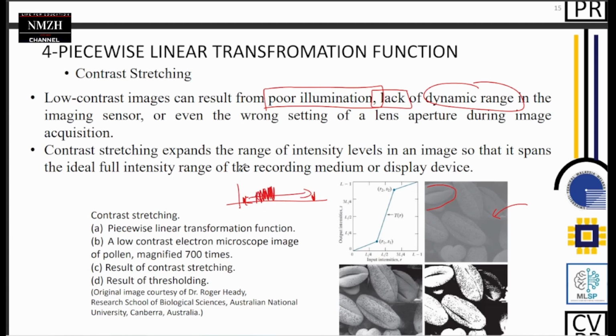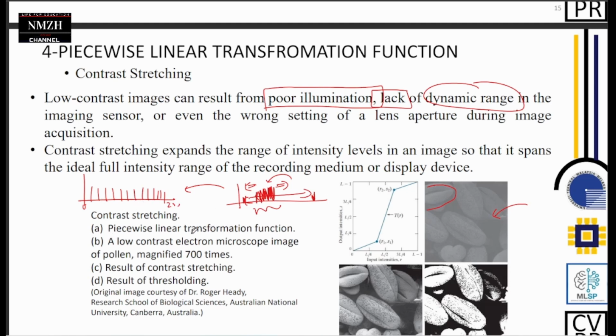That would be a low contrast image. So contrast stretching expands the range of intensity levels, whereby we want to extend this, not focusing on a certain area, guys. As long as we have a good range of intensity from 0, let's say, to 255, the more, the better the image is, okay.